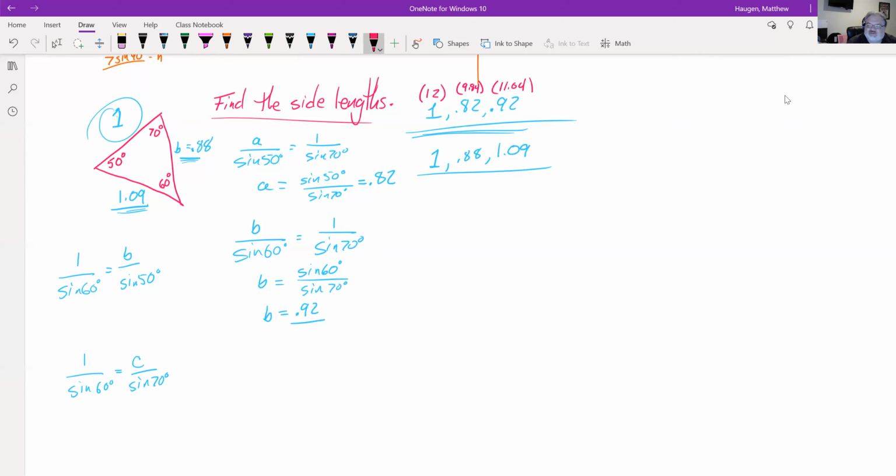So those are our three side lengths, and we know where they go because the smallest one has to be opposite the 50. So the one opposite the 50 has to be the 9.84. The one opposite the 70 has to be the long one. The one opposite the 60 has to be the one in the middle, the 11.04.